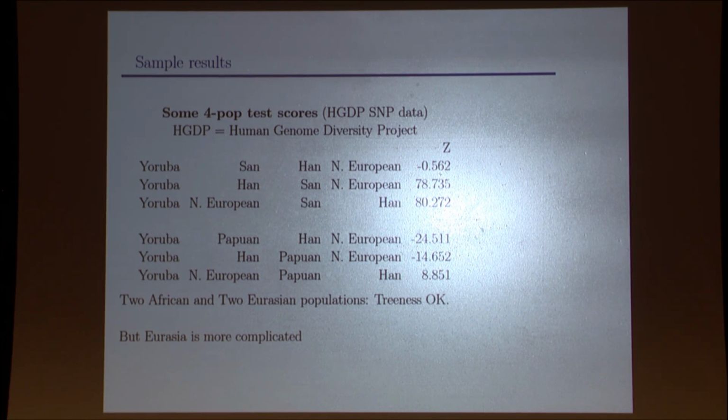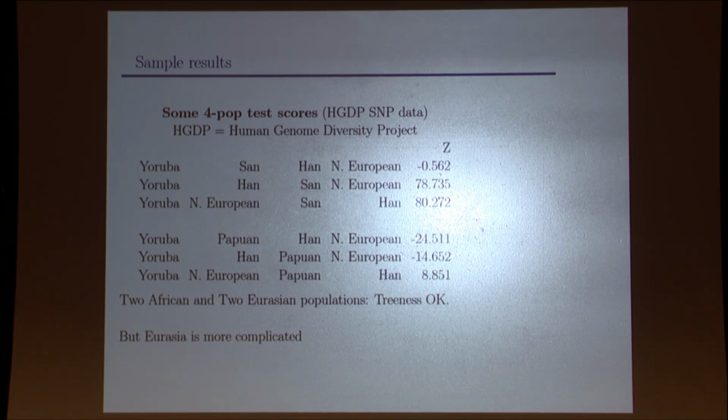This is called the Human Genome Diversity Project. And here are some results from that. So Yoruba are a group in Nigeria. San are the South African hunter-gatherers, Han Chinese, and a North European population.